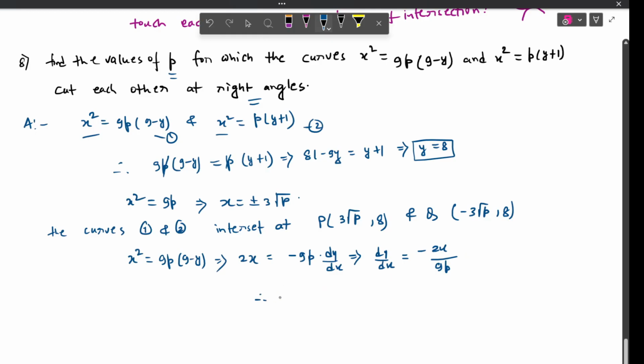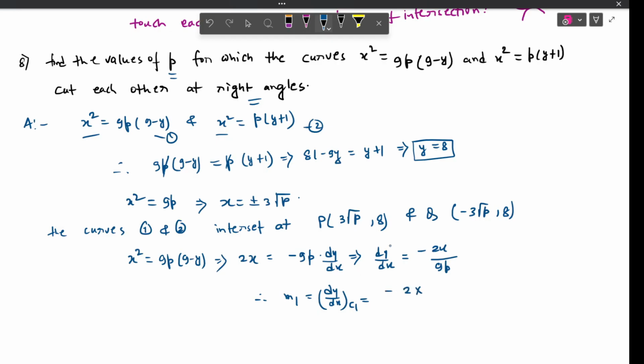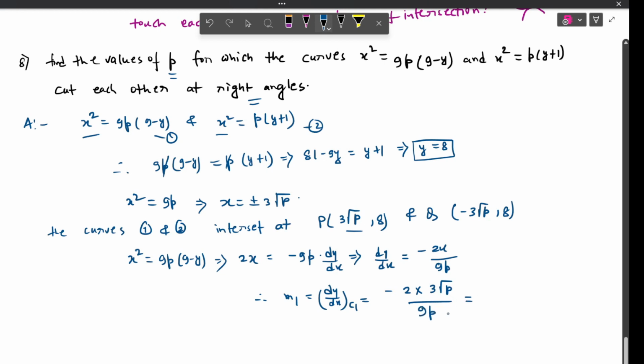So you can say slope m1, that is dy by dx at curve c1, is minus 2x by 9p. What is x? X is 3 root p. So we will get root p by p, that is 1 by root p. So minus 2 by 3 root p.